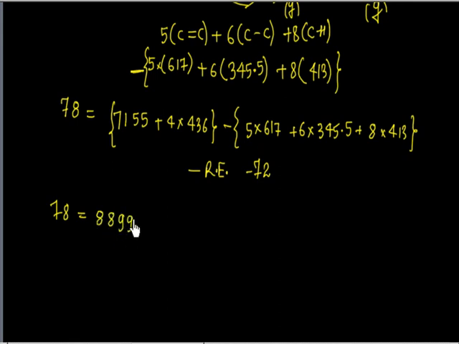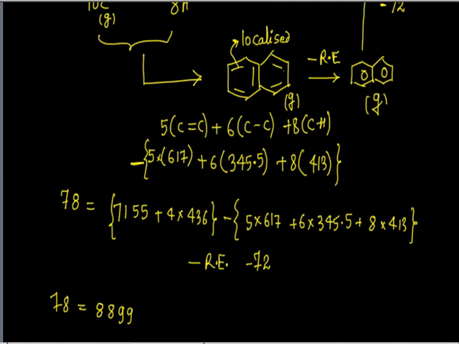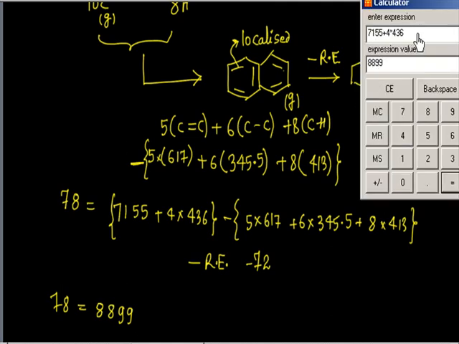Now calculate the second value. I have 5 into 617 plus 6 into 345.5 plus 8 into 413. Let us calculate: this value is 8462. This value has a minus sign.